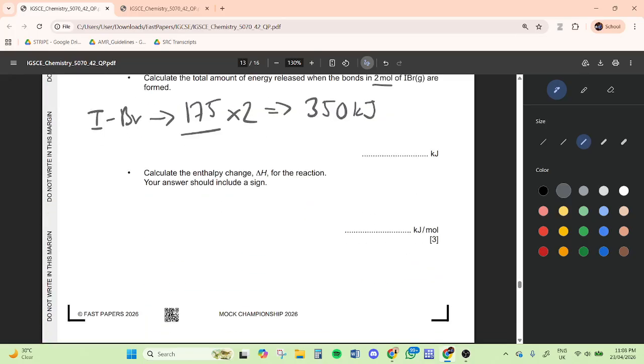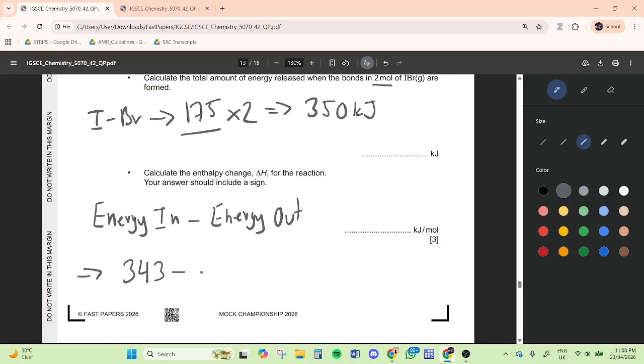Now, whenever you're doing enthalpy change, remember the sign is very important. So energy in minus energy out. The total amount of energy you needed to give to break the bonds was 343.